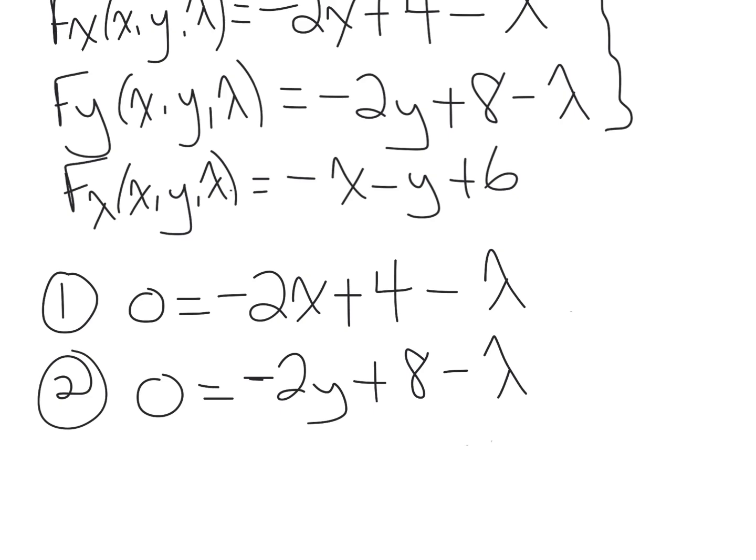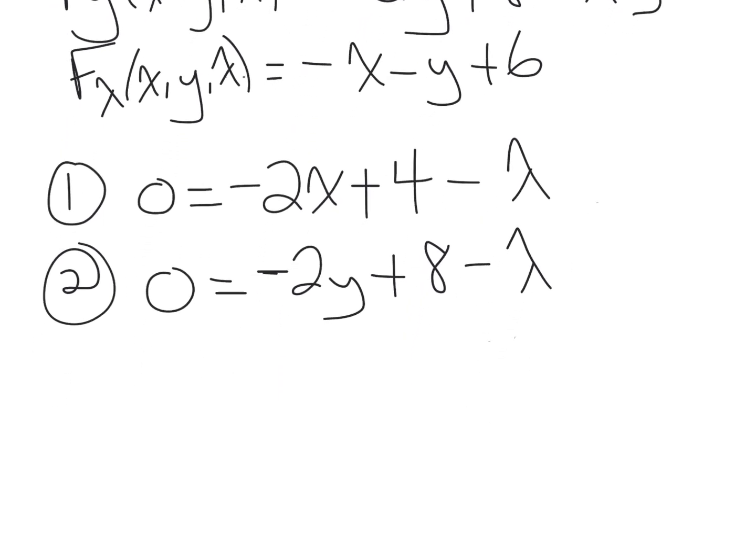So if we look at the first partial derivative, we have an x variable and a lambda. On our second partial derivative, we have a y variable and a lambda. So it makes things quite complicated as far as elimination, substitution, or graphing. So I'm going to just give you a little hint. One, I'm going to add lambda to both sides.